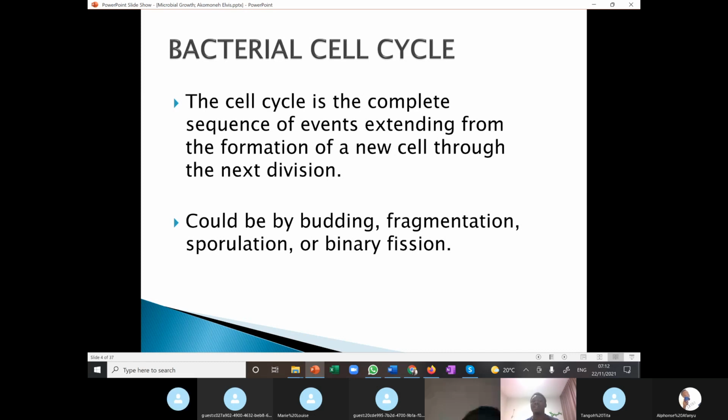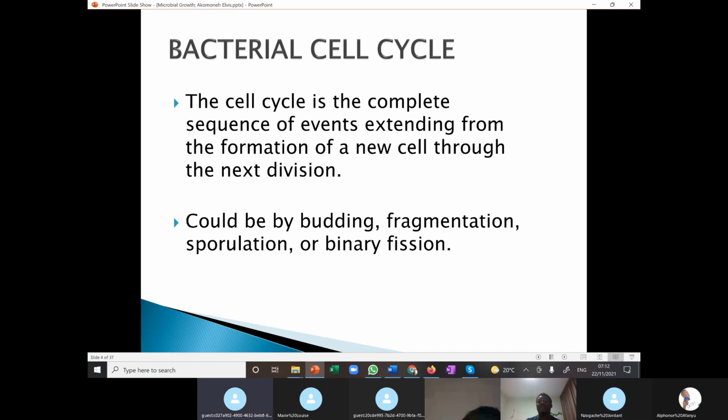Immediately a cell divides, the sequence of events that occur in that cell until it divides again constitute what we call a bacterial cycle or a microbial growth cycle. This could occur through different ways.